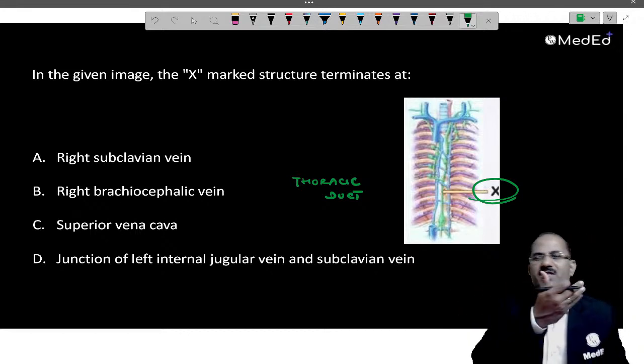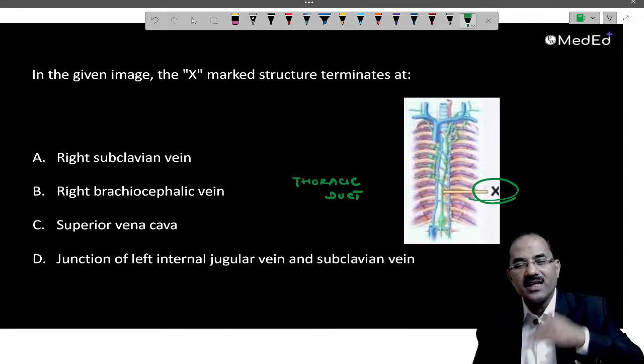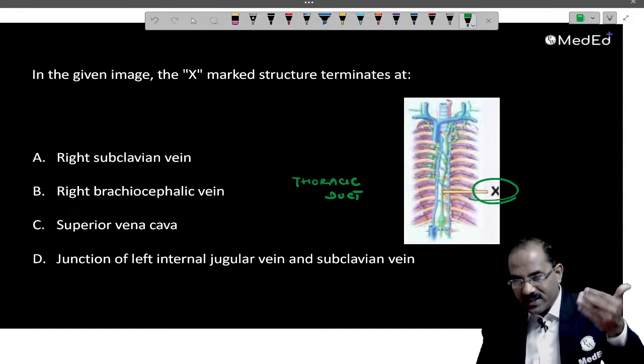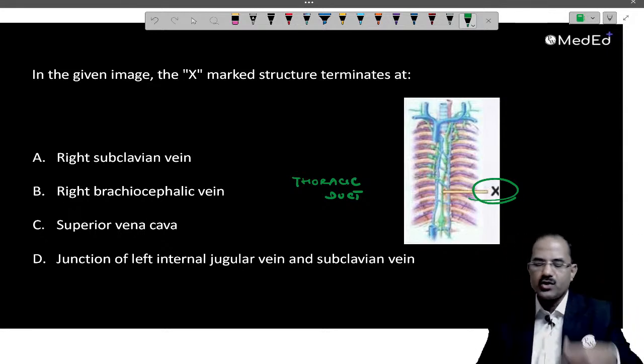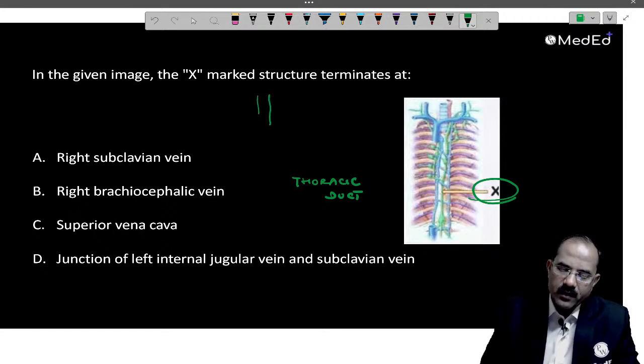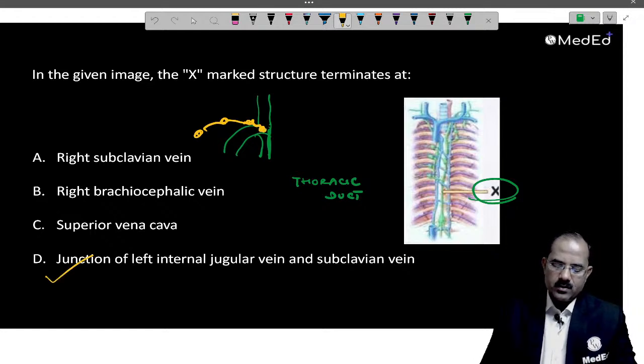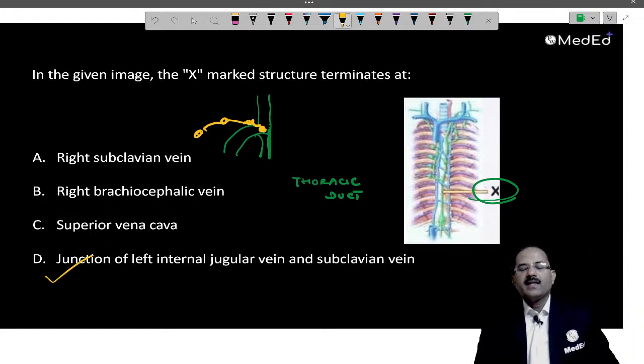Then it crosses to the left side at the T5 level. Now it climbs on the left side and opens at the junction of the left internal jugular and the left subclavian veins. Here it opens.